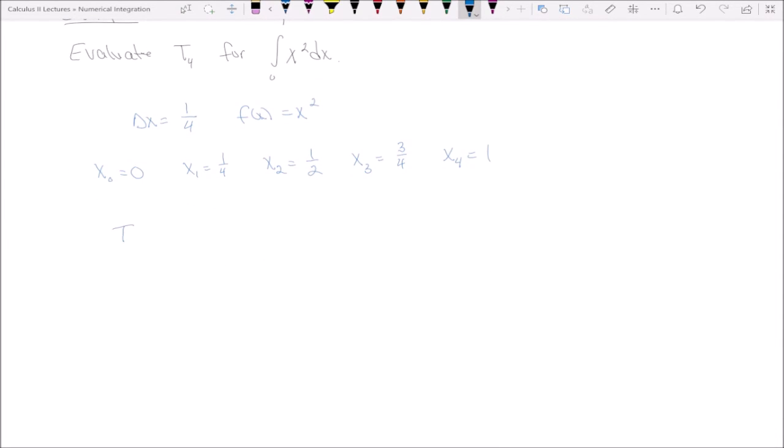Then T4 is 1/2 times delta x times f of x naught plus 2 times f of x1 plus 2 times f of x2 plus 2 times f of x3 plus finally f of x4.